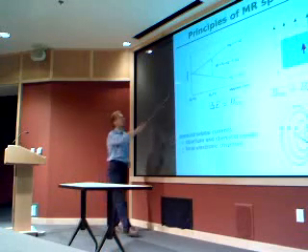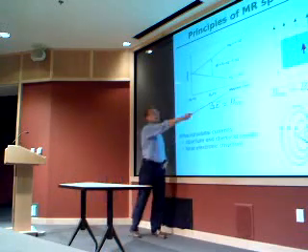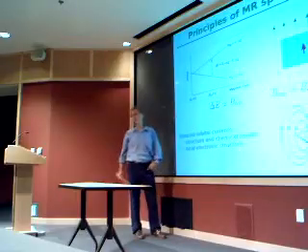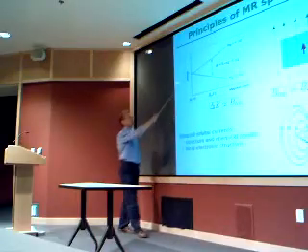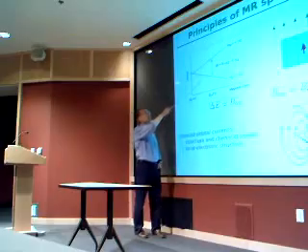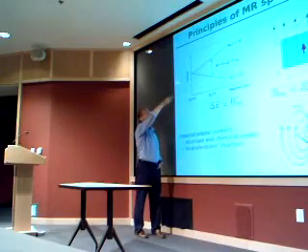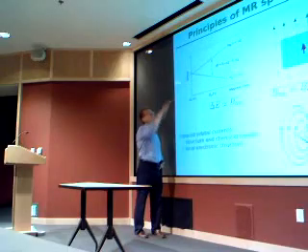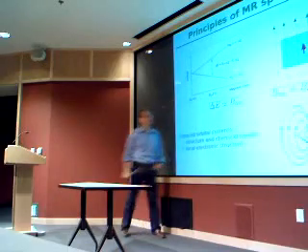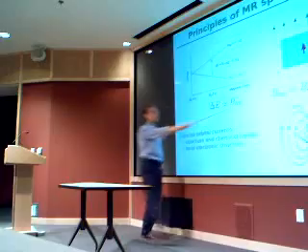The principle of magnetic interaction: if you have a magnetic dipole and then you apply a magnetic field, on this axis is the strength of the magnetic field, you get a splitting because the magnetic field interacts with the spin, and this energy depends linearly on the strength of the magnetic field.